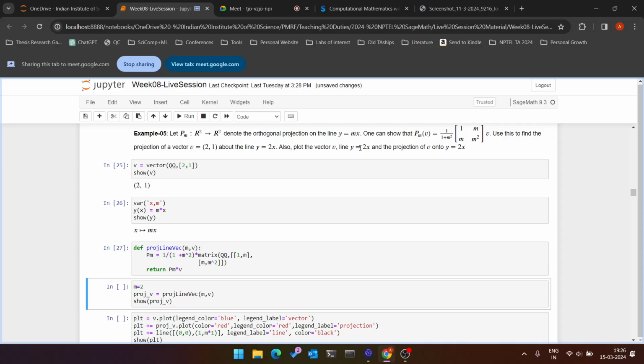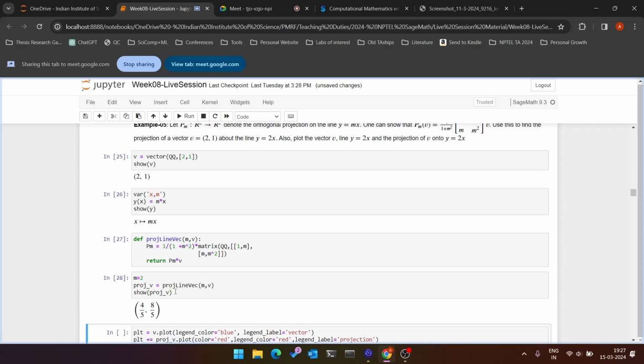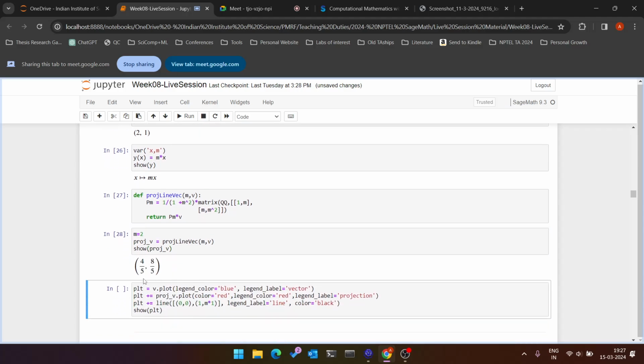We have been given a line y is equal to 2x, so the slope m equals 2. The orthogonal projection of vector v about this line can basically be calculated by the function that we have defined above using m and v. So m is specified as 2, v is specified as 2 comma 1, and if I calculate the projection, it looks like this: 4 by 5 comma 8 by 5.